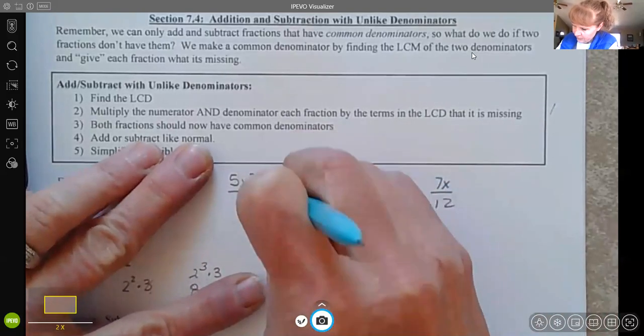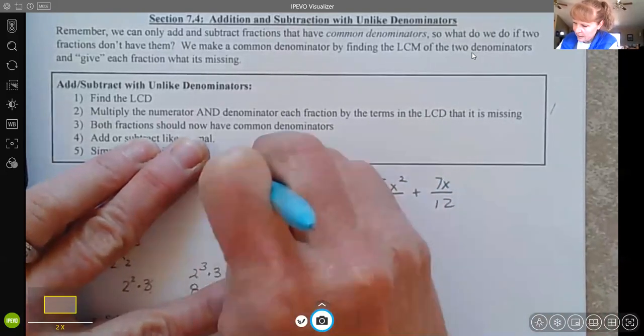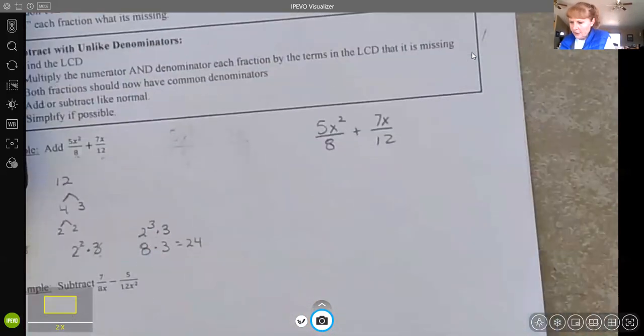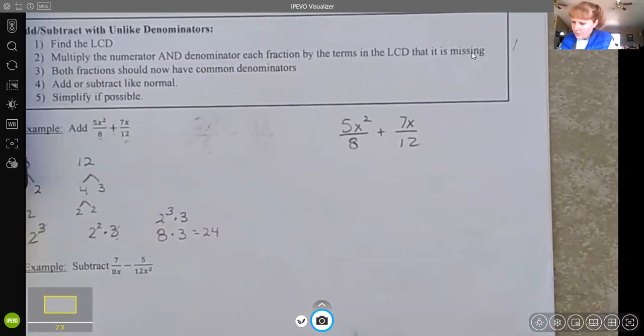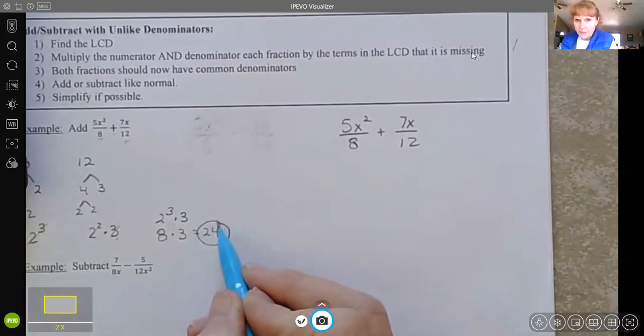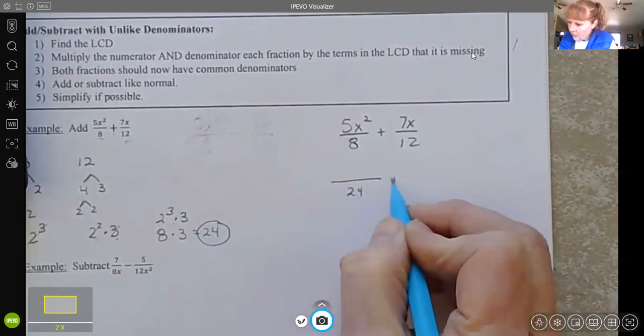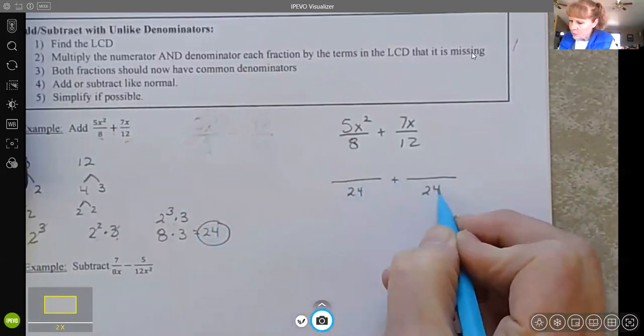I'm going to move it over so I don't run into my least common denominator. All right, so if we look here, I know that the least common denominator is 24. So both of these fractions are going to have a denominator of 24.